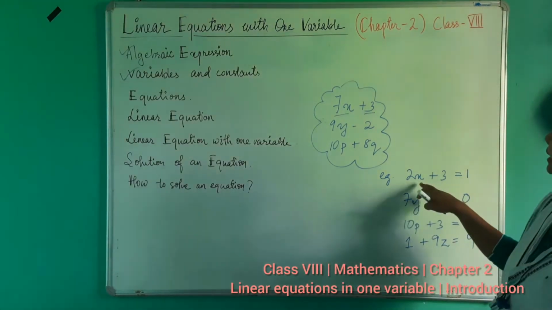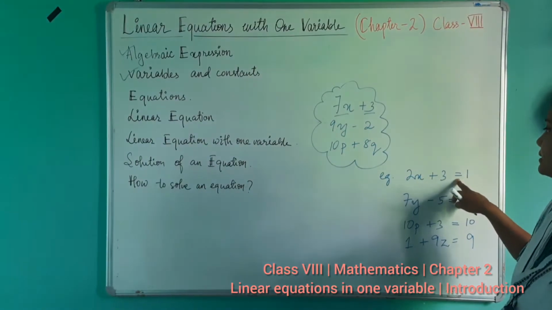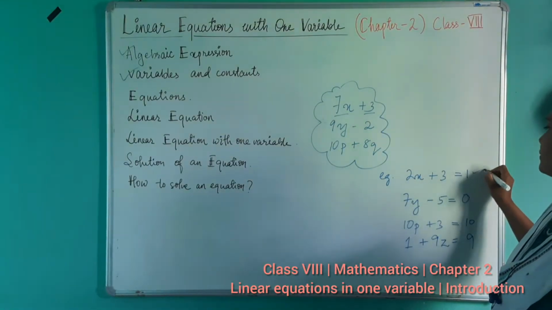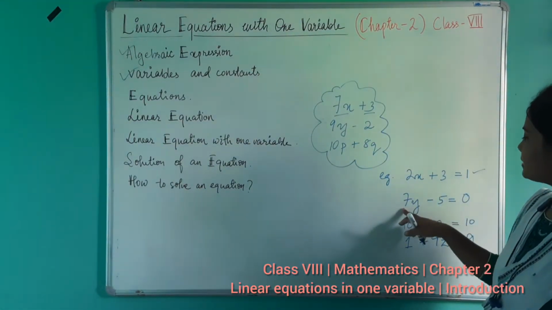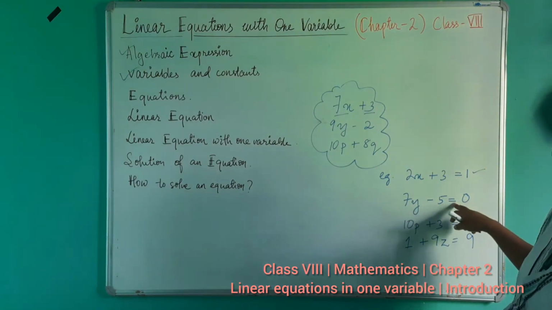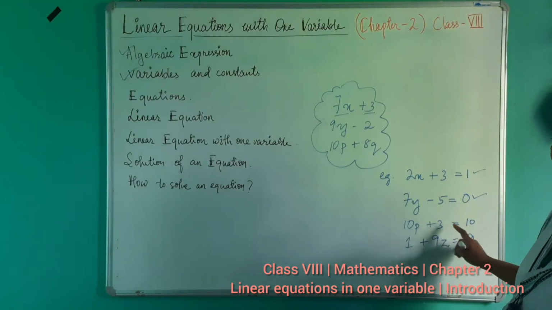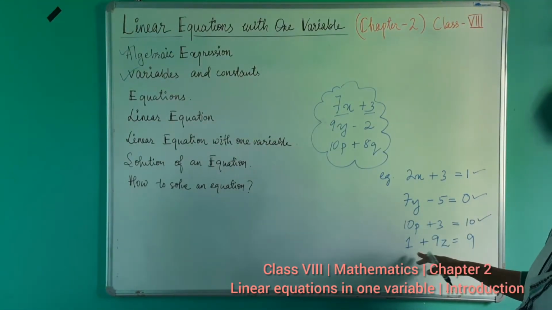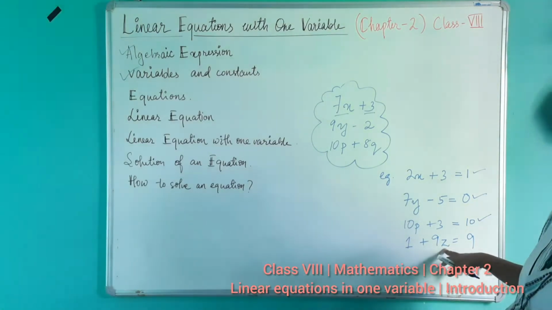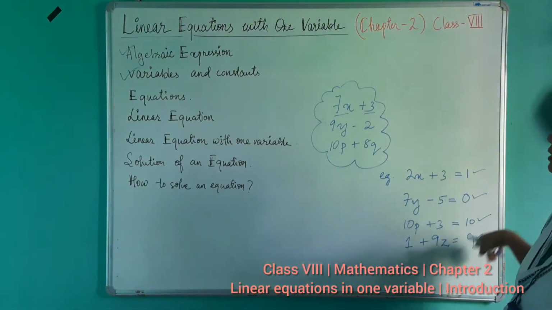You see here there is a variable present, that is x, and an equal sign is there. So this is an equation. Again in the second one, the variable is y and there is an equal sign present. This is an equation. Here p is present and an equal sign. This is an equation. And again z is the variable here and the equal sign is also present. All these are known as equations.